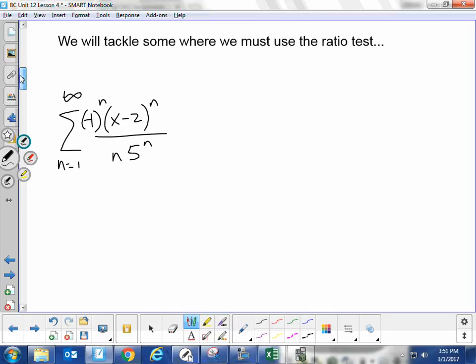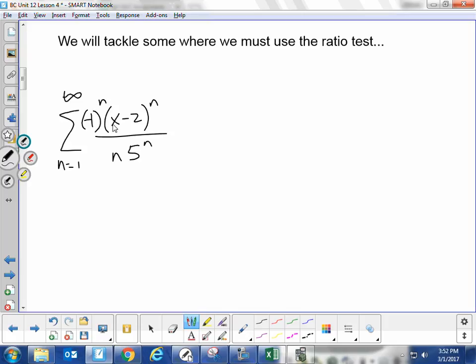And we're going to figure out which of these and when do these converge. And it becomes a different type of problem. It's not something we can bake into a geometric series. It's not something we can say is a p series. Instead, we need to use the ratio test.